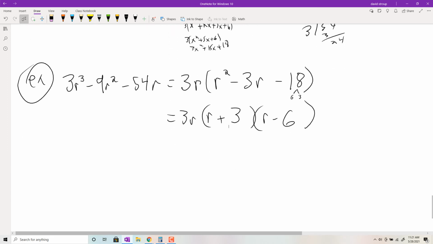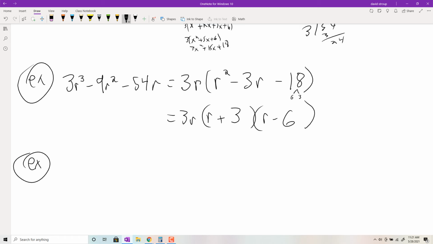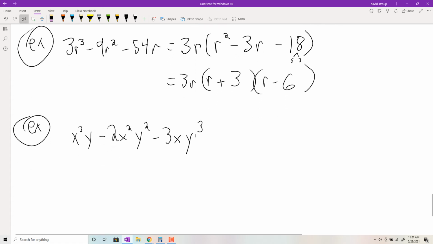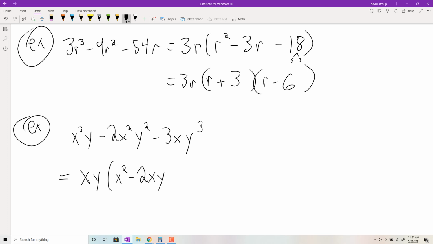Let's look at one that has multiple variables. X cubed y minus 2x squared y squared minus 3xy cubed. Looks like each term has a factor of x, and then each term has a factor of y. So I'll be left with x squared minus 2xy minus 3y squared.